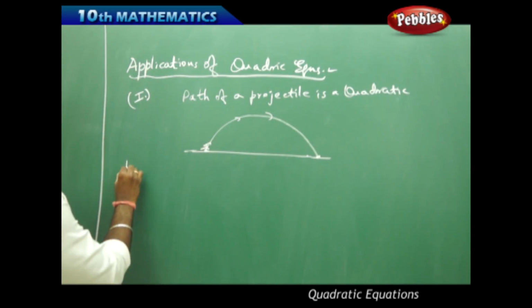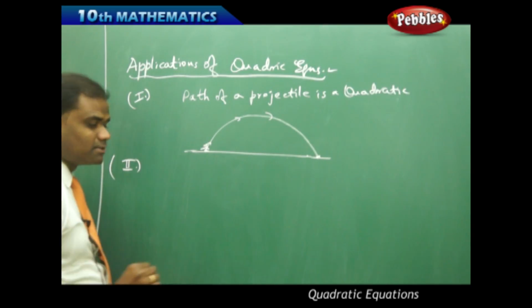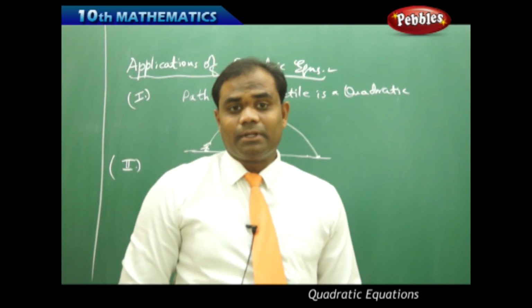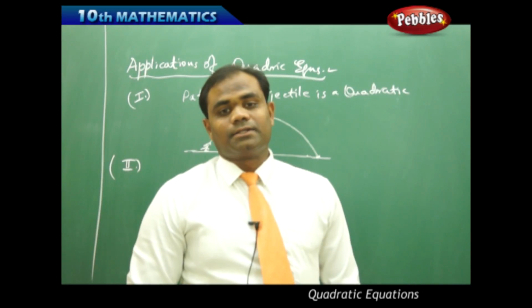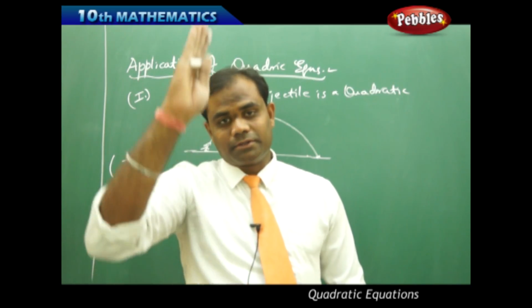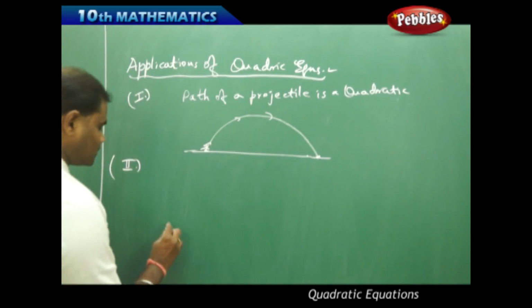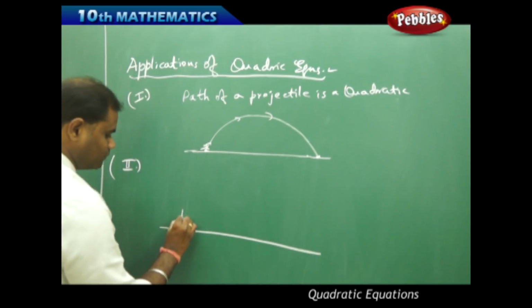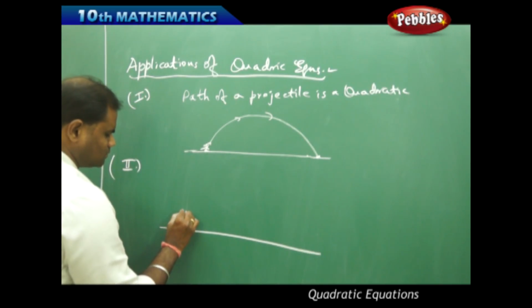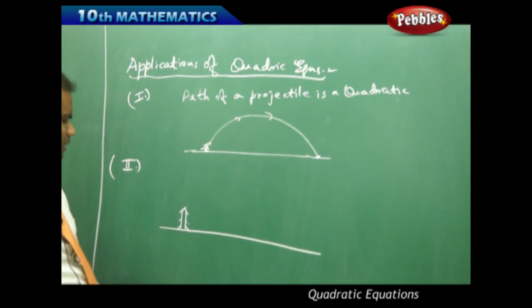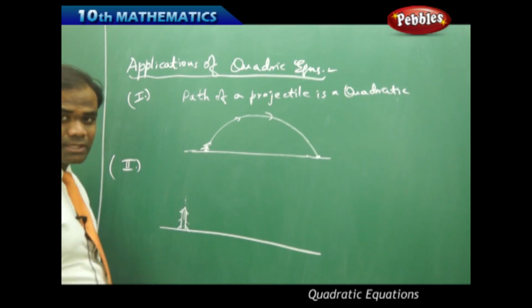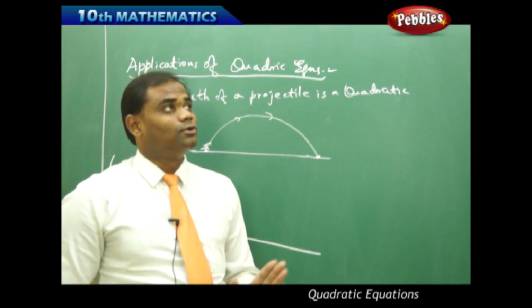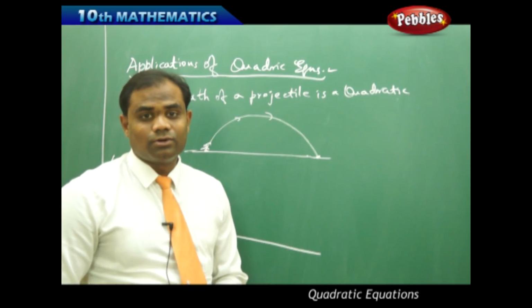Similarly, let's see, for example, I have a rocket. Usually rockets go into space from the ground. Say I have a rocket out here, and once it is launched, it tries to go straight into the sky. We generally assume that it goes straight, but no, it doesn't go straight.